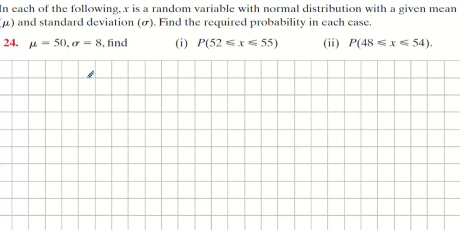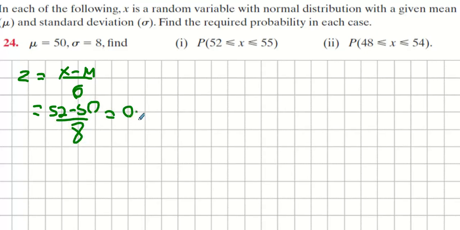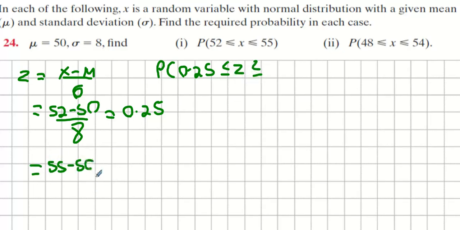We're going to get z-scores for both of these, okay? So it's going to be x take away mu all over sigma. So it's 52 take 50 over 8. Who got 0.25? So this is now the probability of 0.25 being less than z, and then z being less than 55 take away 50 over 8.